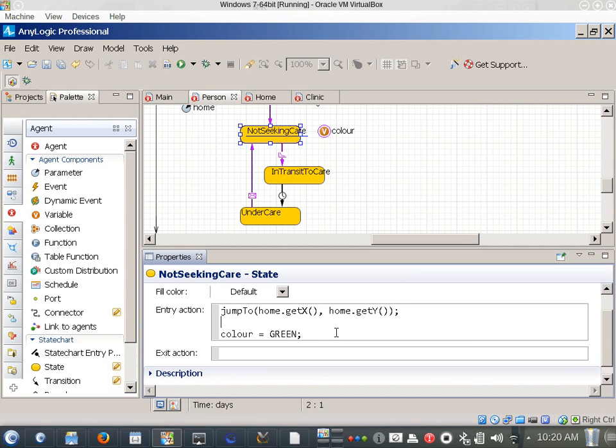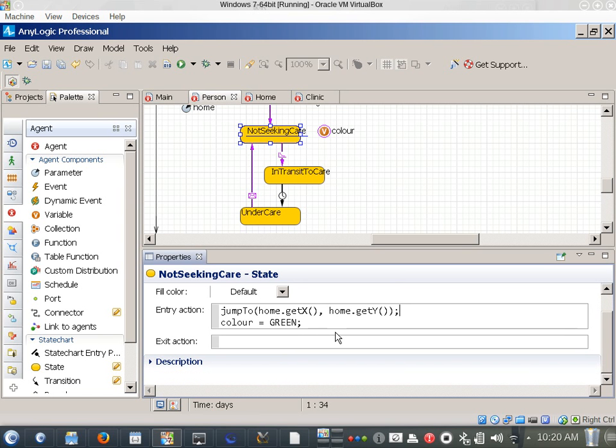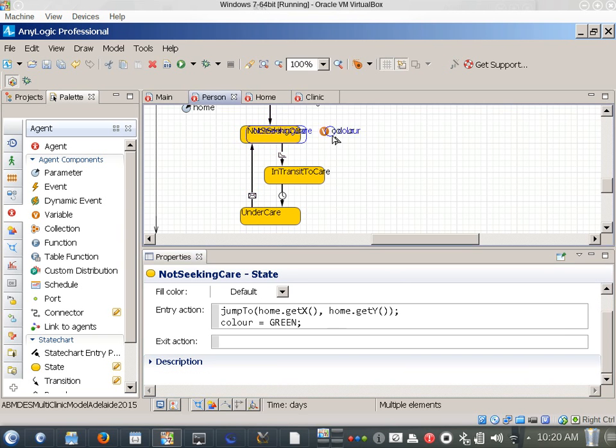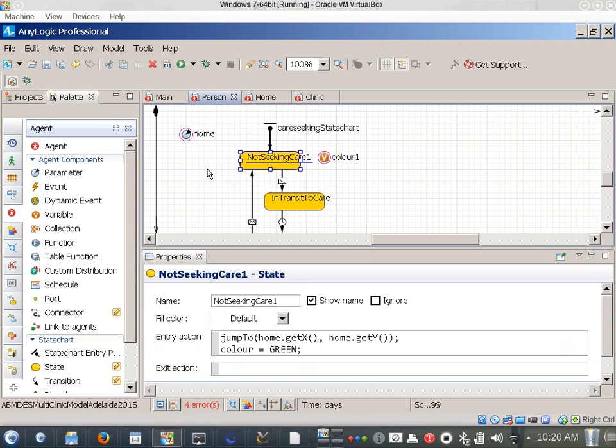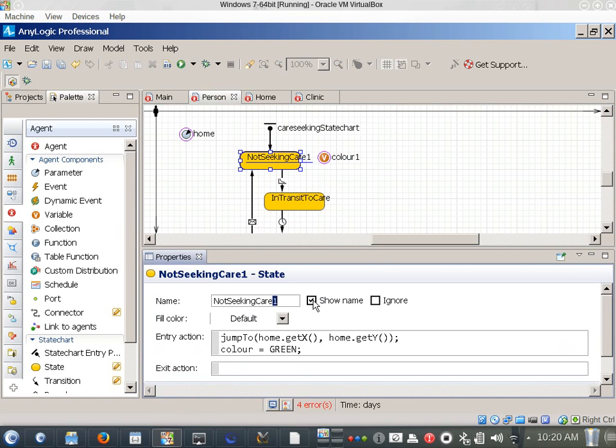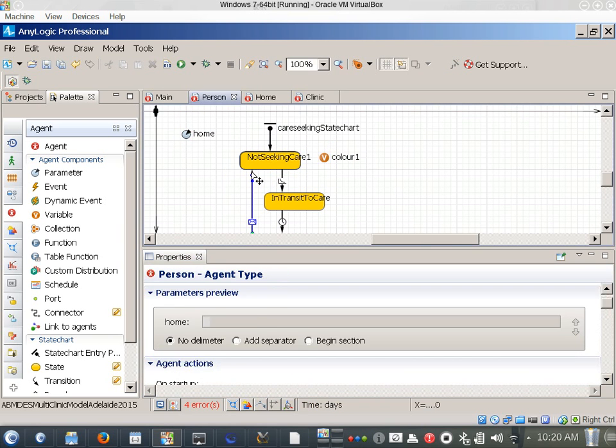Terrific. And now we're going to introduce a variable as well that's called nearest clinic. The variable will be under person.